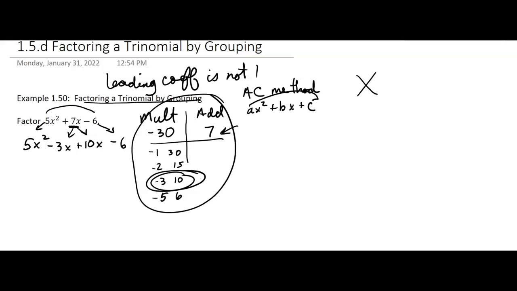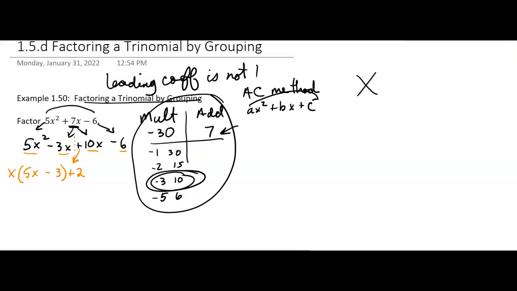Now it's a grouping situation. And so you split these in half, 2 terms and 2 terms, and you look for the greatest common factor. So right here, the greatest common factor is x. And then you look at the back 2 terms and you look for the greatest common factor, which they're both divisible by 2. Now it's going to be an addition sign. It's going to be a positive 2.